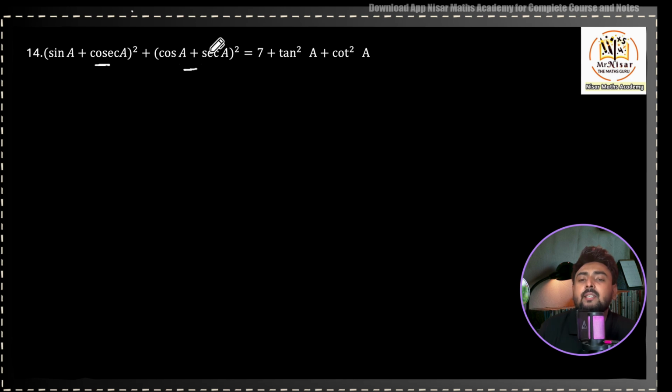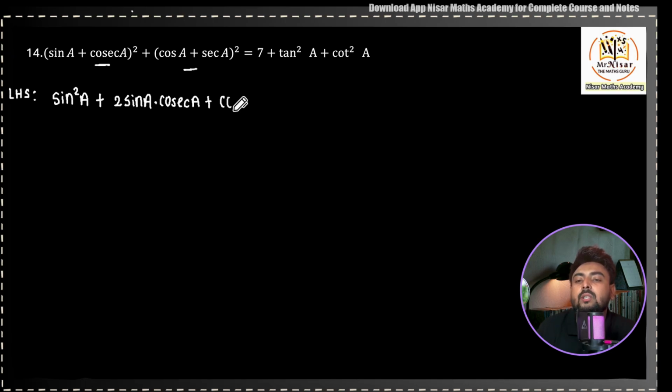Here also you see it is (A + B) whole square. So whenever these things are given to you, you should apply the same formula according to the given question. So I'll say here (A + B) whole square is given to me. So I'll apply A square, that is sin square A, plus 2 into A into B. So 2 into A is sin A, B is cosec A, plus B square.